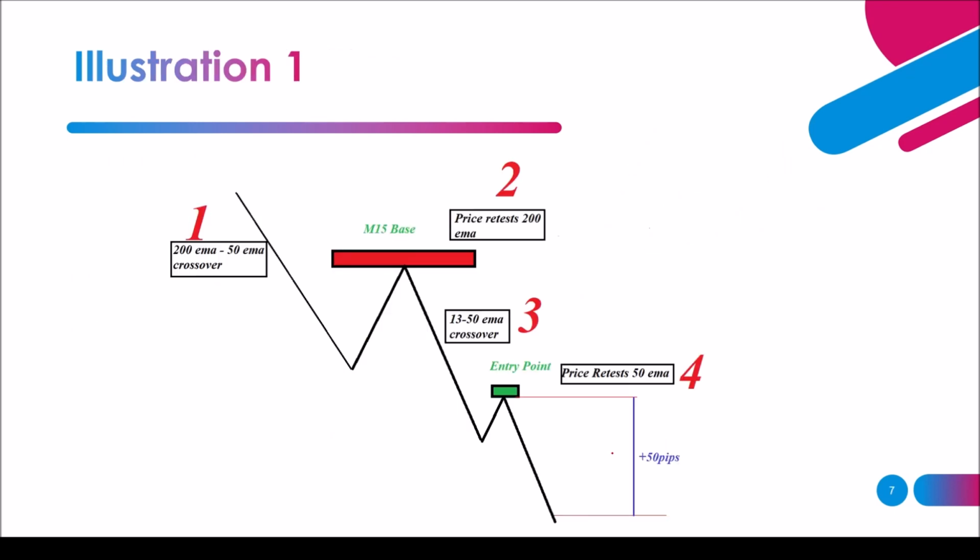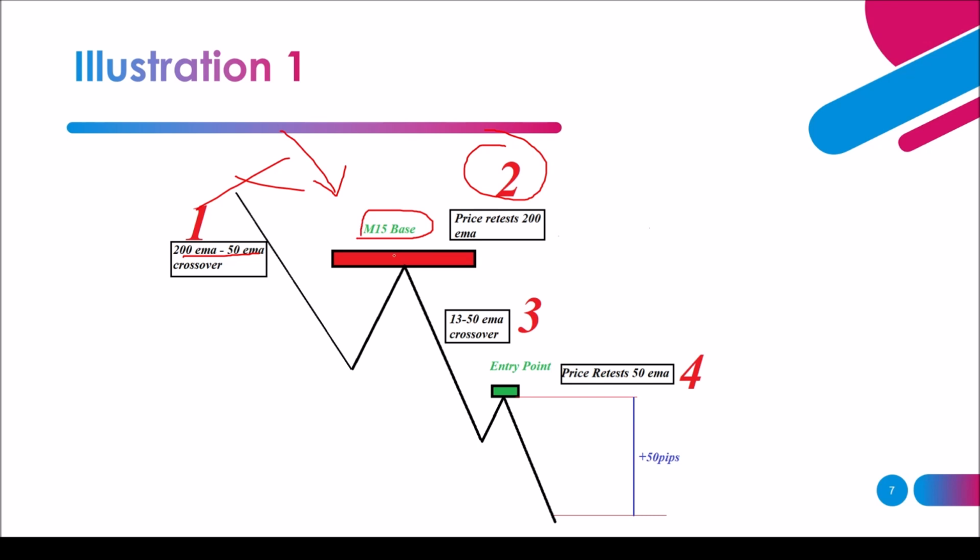So what we are saying here is the first step is we need to see a 50/200 EMA crossover in whatever direction we are coming. In this case, it will be a short-term downward bias. Then from there we need to see price retesting the 200 EMA as step number 2. Price retesting the 200 EMA will create what we call the M15 base.